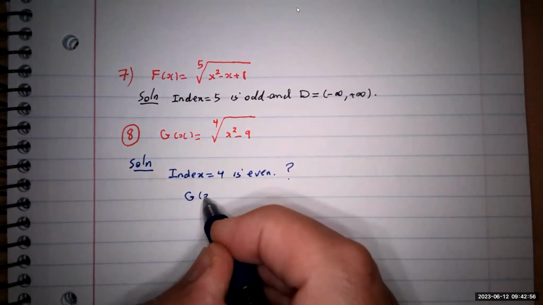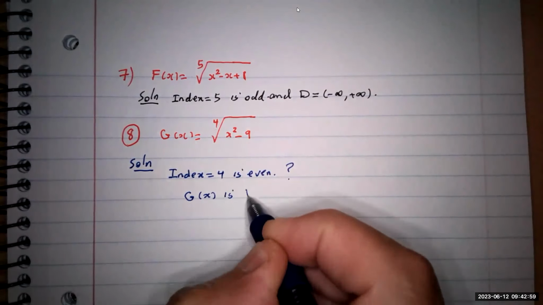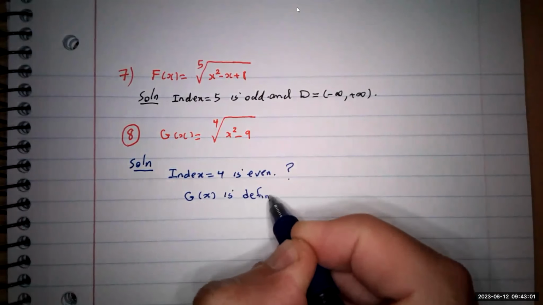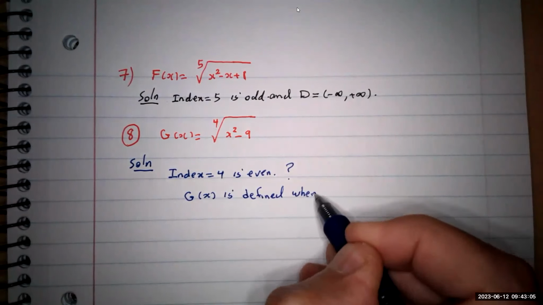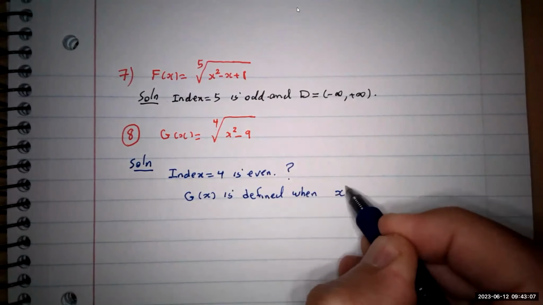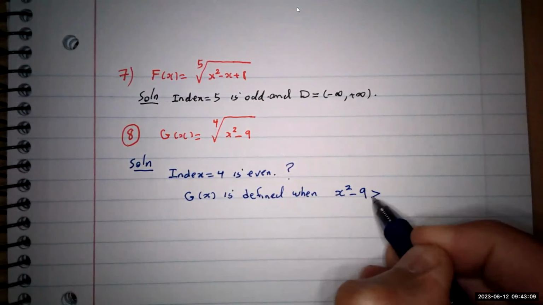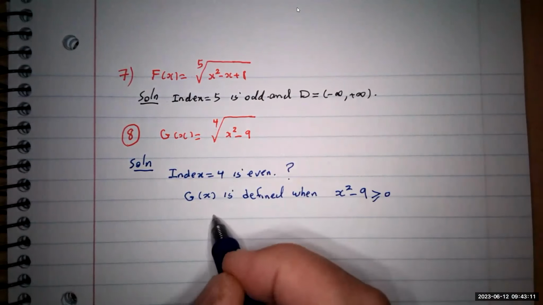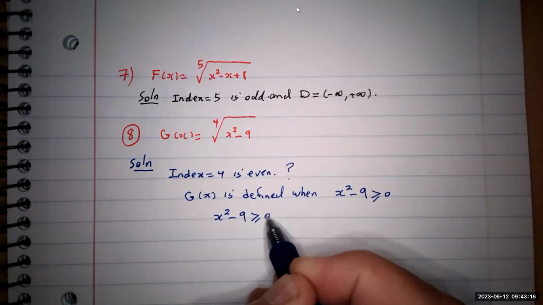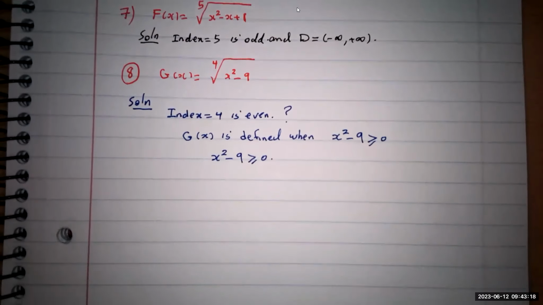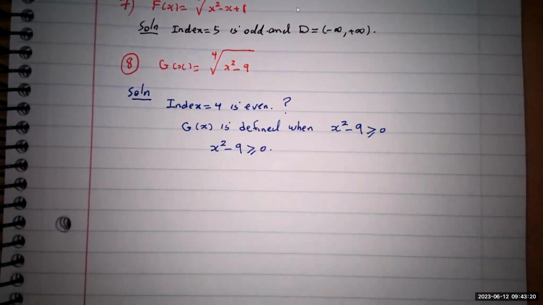G of x is going to be defined, then x squared minus 9 is going to be greater than or equal to 0. So you have to solve this inequality, and this is the one that sometimes we have a difficulty with. Okay, any suggestion? How are we going to solve this one?